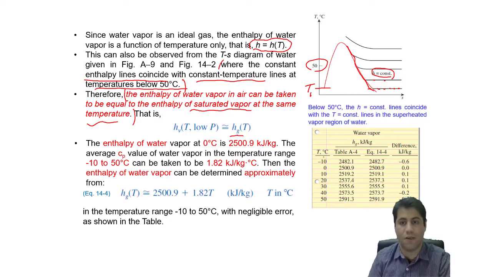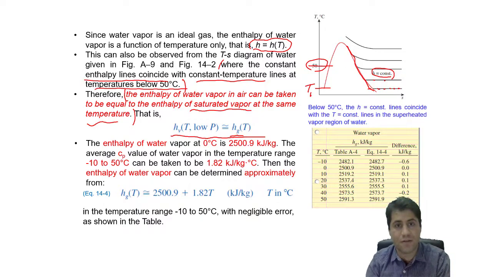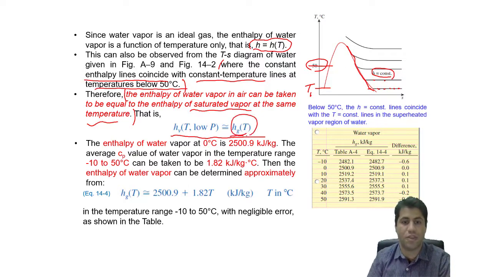If you remember, we have in the thermodynamics table this h_g at that temperature. So simply we can find the enthalpy of the water vapor in this superheated region, at temperature below 50 degrees Celsius, by this, which is equal to the enthalpy of the saturated gas at that temperature.